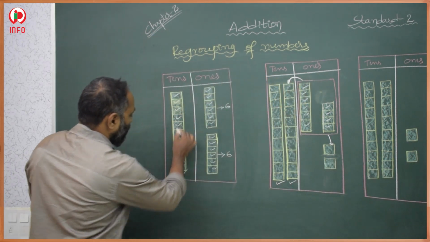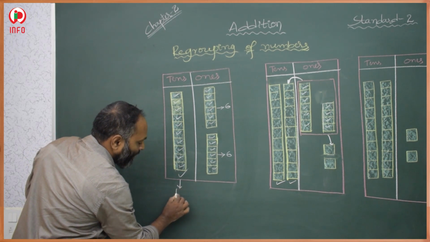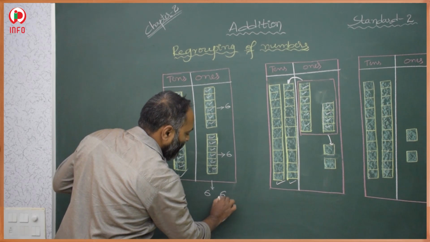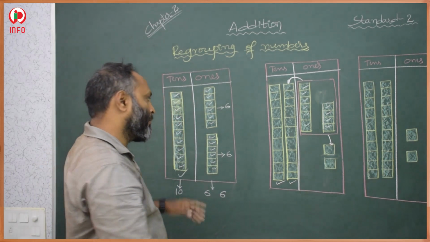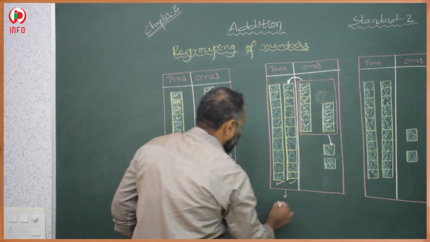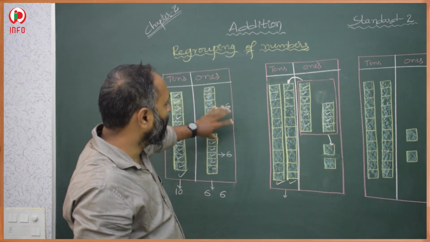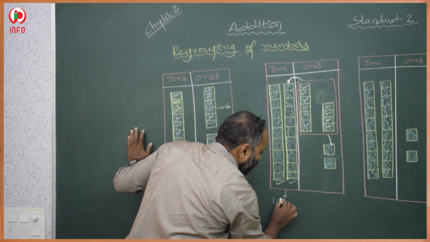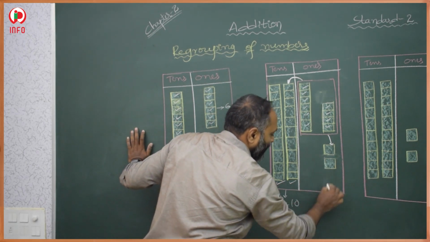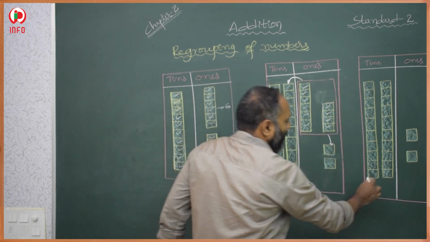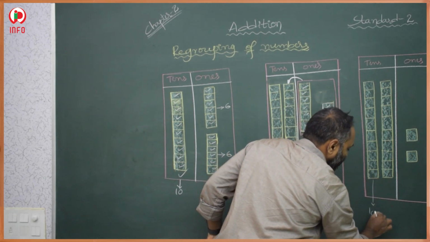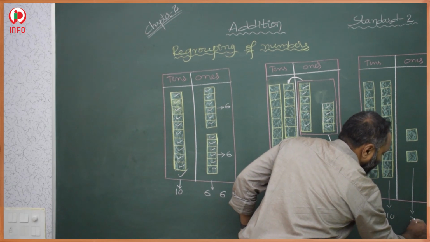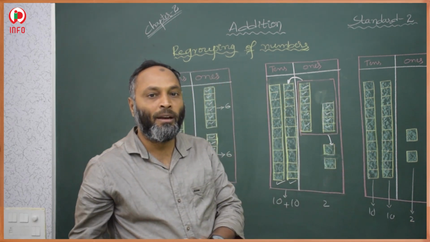Here 6 and 6 sub blocks, we make one complete tens block out of them. That is why we get 10 and 10, which is 20, and here 2 are left. So 10, 10, 20 and 2. Total 22. We are preparing like this.